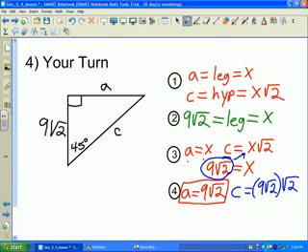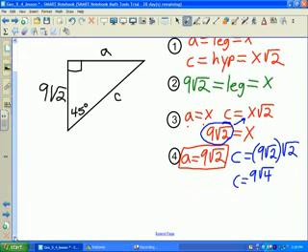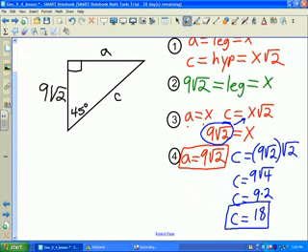It's square root of 4. So c equals 9 square root of 4, and we know the square root of 4 is actually 2. So c equals 9 times 2, which is a nice 18. And there we have it.